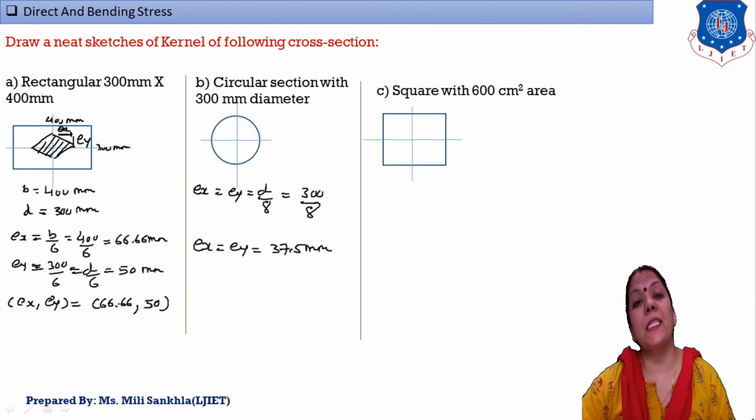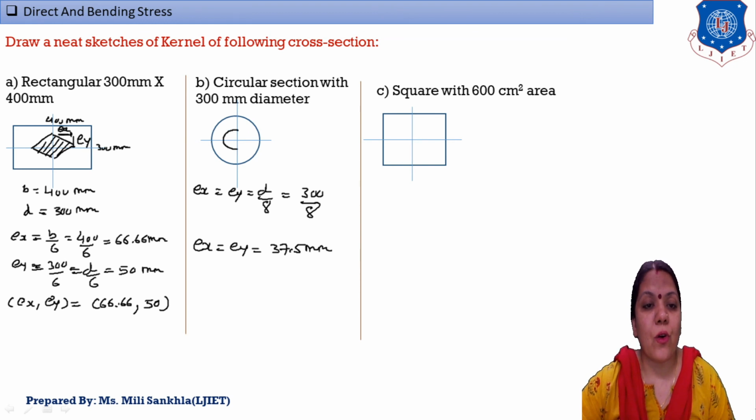This is my eccentricity for the circular section, and here I draw the core or kernel for the circular section. This distance is our Ex and this vertical distance is Ey.